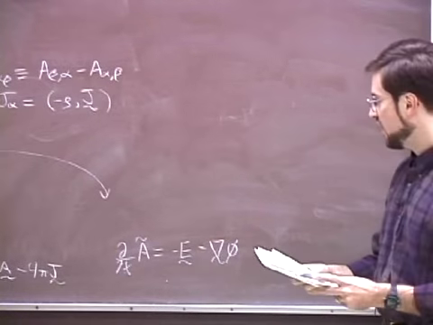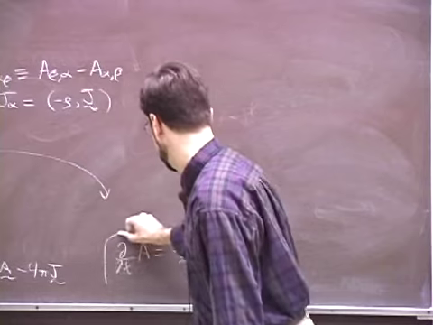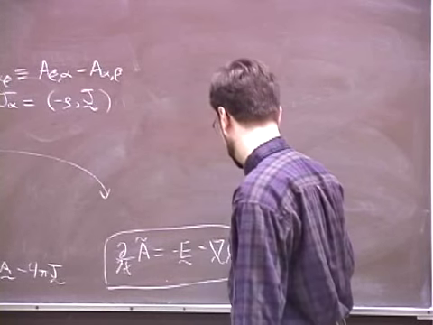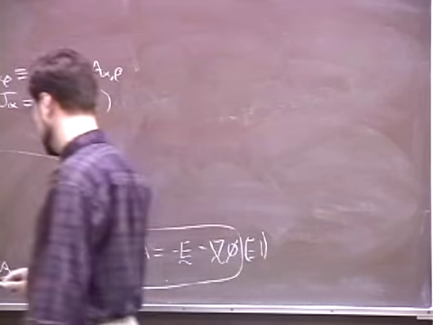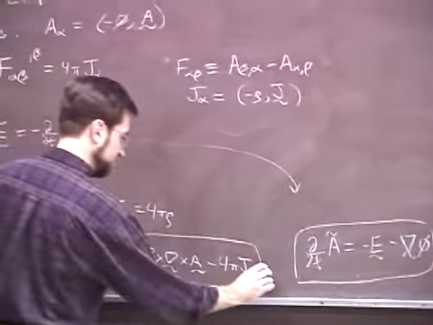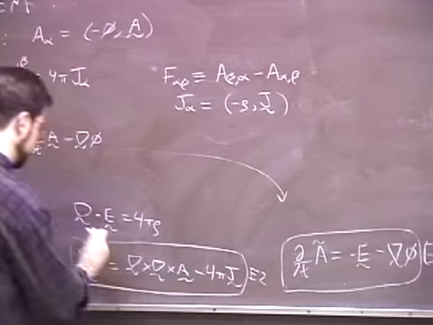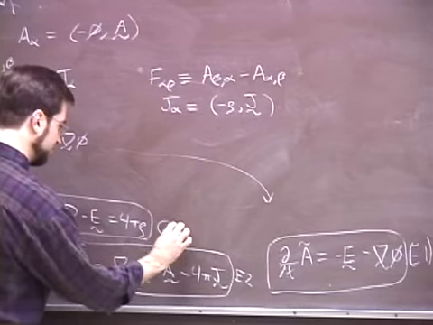So now what I have is this equation, which I'll call E1, this equation, which I'll call E2, and this equation here that I'll call C1.